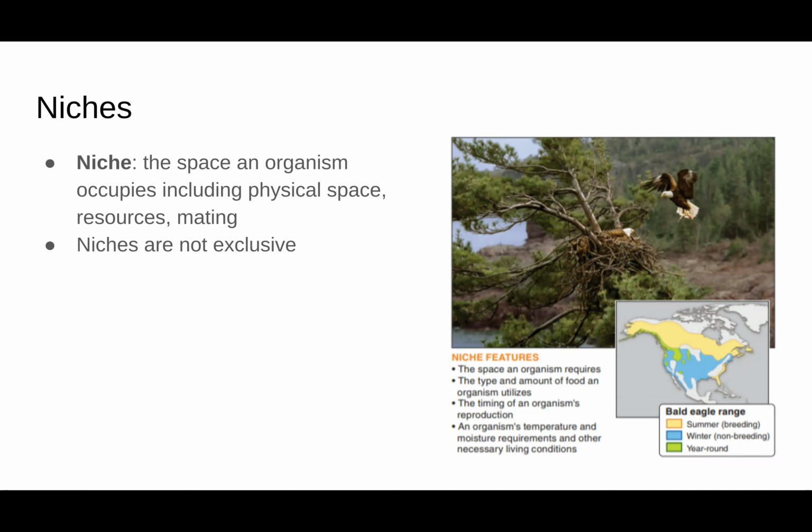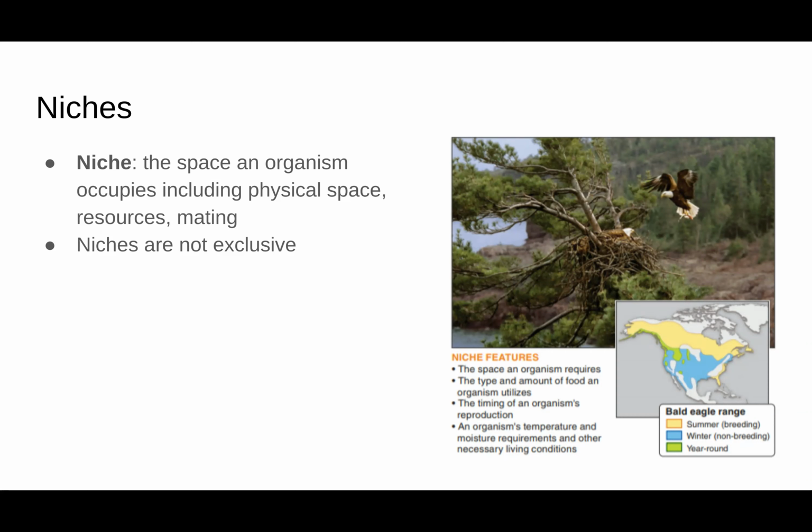And it has its mates, right? So in this case, we have a male coming to mate with a female, or its mate, here in their nest. There is that physical requirement. And then there are the other requirements like water and stuff like that. But this is the niche, right? What it's doing, the space it occupies, the resources it's consuming. And that's what an organism's niche is.